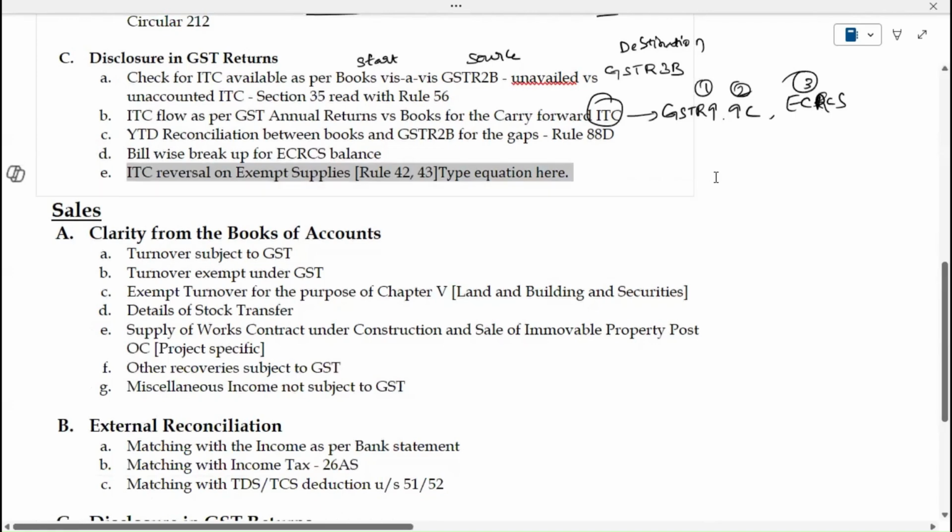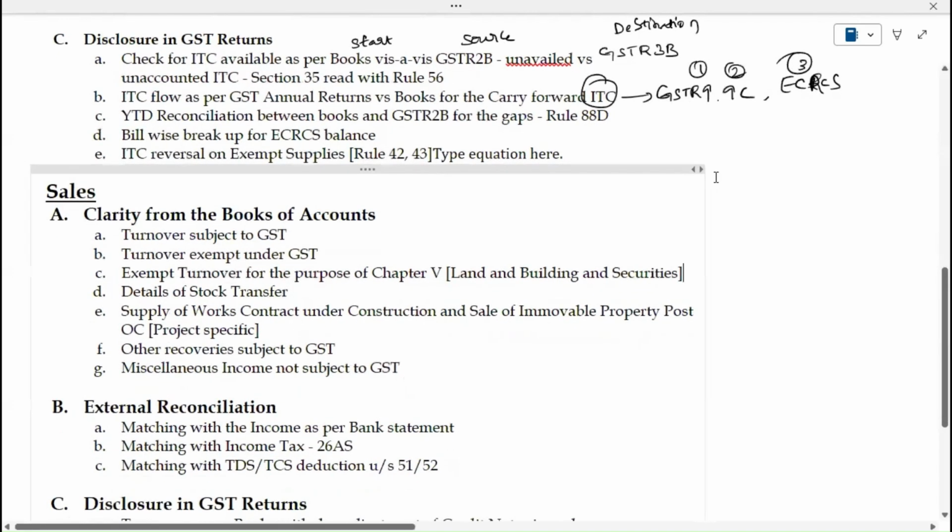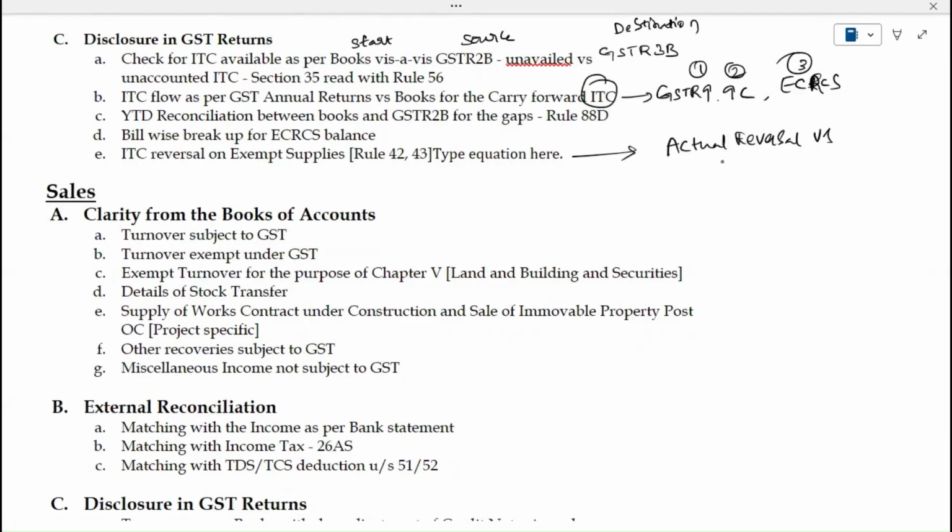So here, we have this formula, rule 42, rule 43. Actual reversal versus expected reversal.